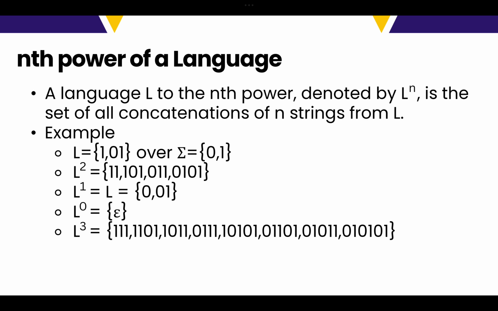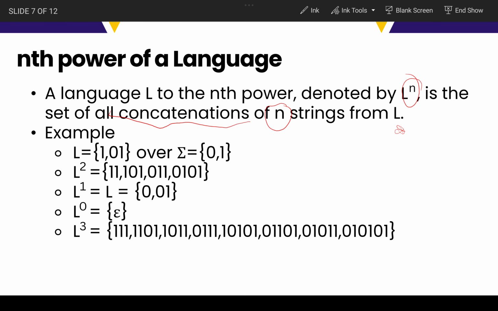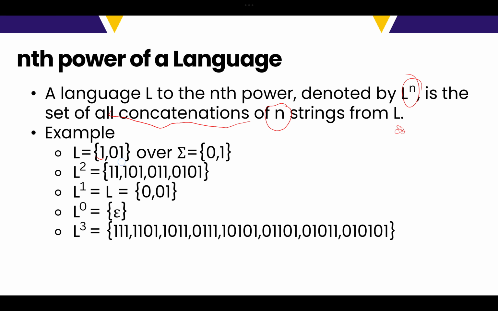The language L to the nth power is the set of all concatenations of n strings from L. So, you attach its strings, including itself. Example, our L is the strings 1 and 0, 1 over the alphabet 0, 1, or the binary alphabet.